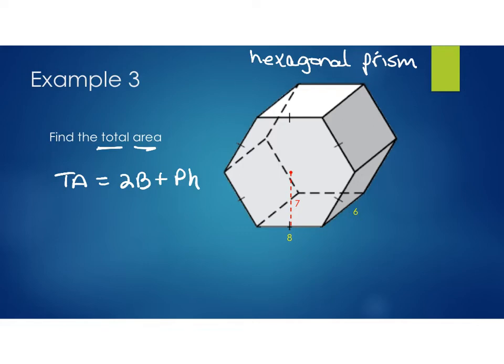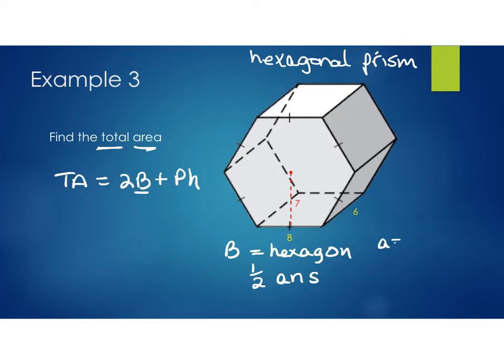So let's go ahead, and in order to find the area of my base, which is a hexagon, if you recall the formula to find an area of a hexagon, it was 1/2 apothem times number of sides times side length. In my picture, I have values for all of those 3 variables.